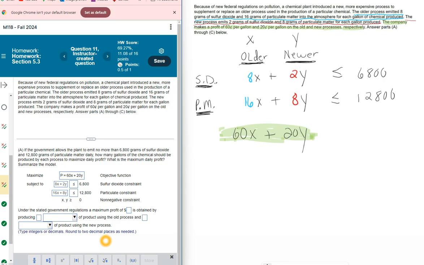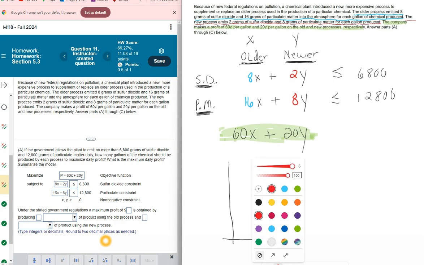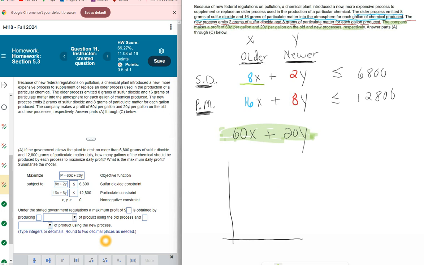Okay, so this is where the graph's going to come in. And I'm just going to do a sketch. So here's my first quadrant. We'll use green. Okay, so for this equation here, grab my calculator.